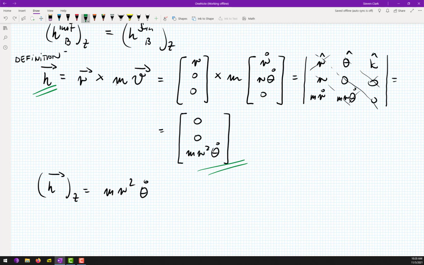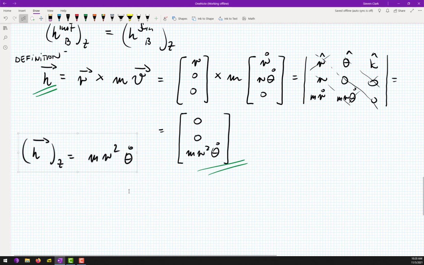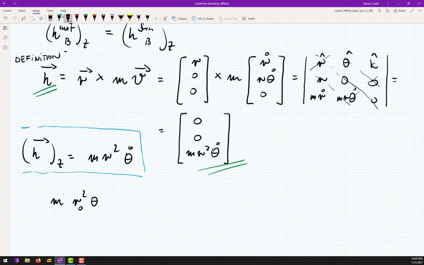And we will end up with the following thing. We'll end up with m r0 squared theta dot 0. And this is equal to m r final squared theta final dot.